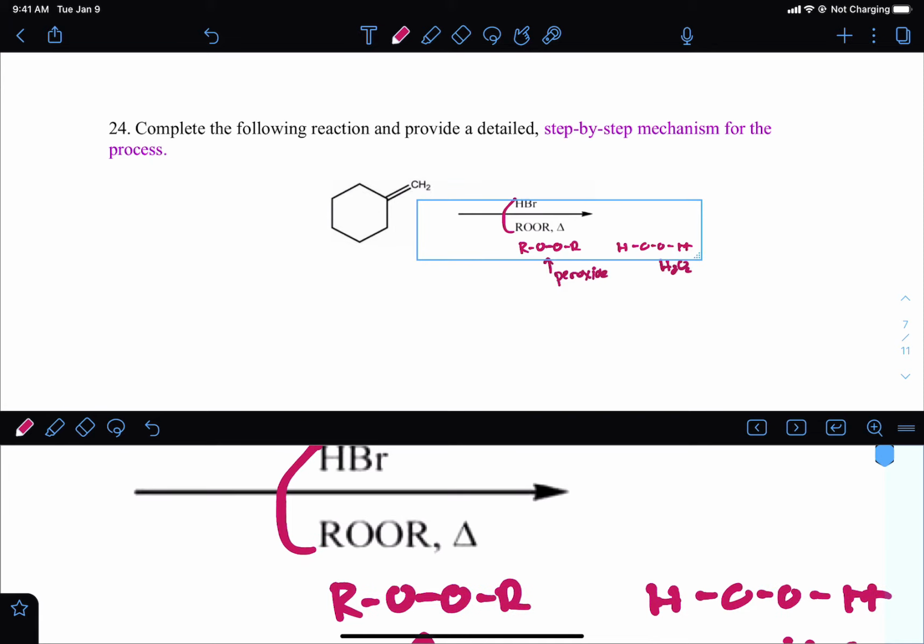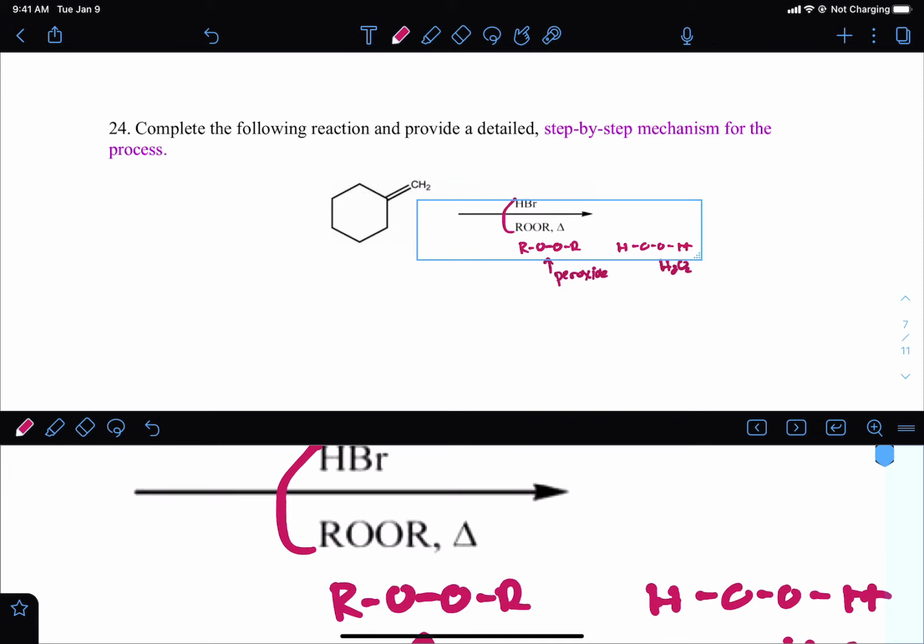This is literally the definition of bond dissociation, where you take a bond with its two electrons and you cleave it symmetrically. Okay. So one electron goes onto one half, the other electron goes onto the other half. That's the first step.